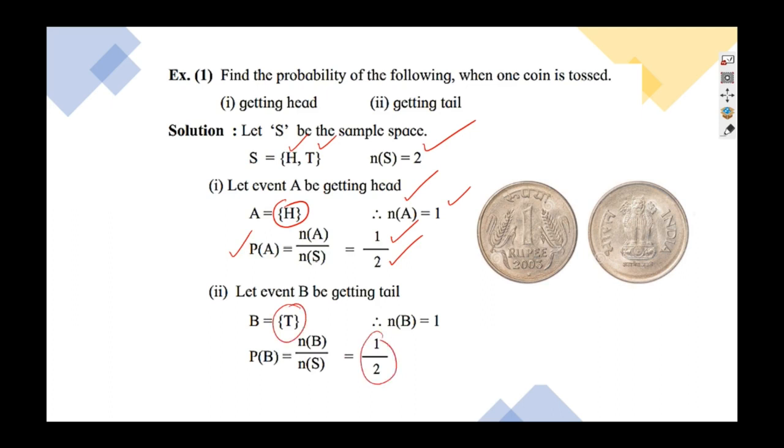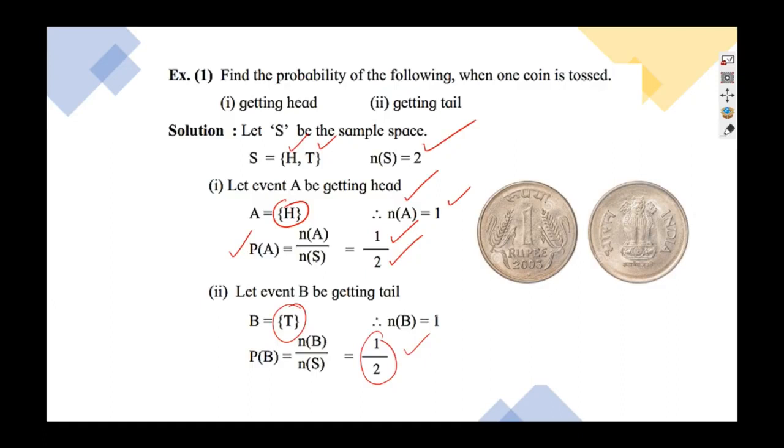So when we talk in layman terms, we say there is a 50% chance. 50% is 1 upon 2. If you convert 1 upon 2 into percentage, you will get 50%. Right? Half chance we will get head, otherwise tail.